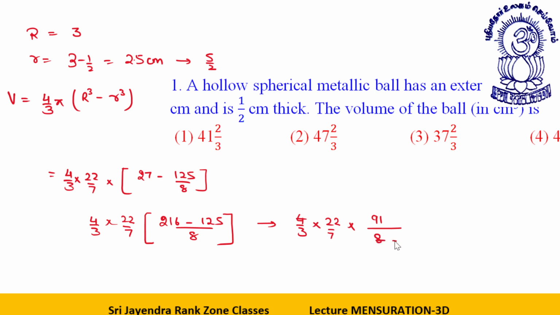This and this cancel to give you a 2. 2 and 22 cancel to give you a 11. 7 and 91 cancel to give you a 13. So what you get is 11 into 13 by 3, or 143 by 3, that is 47 2 by 3. This is your answer. Option number 1 is the answer. Fine, dear students. Shall I move ahead?